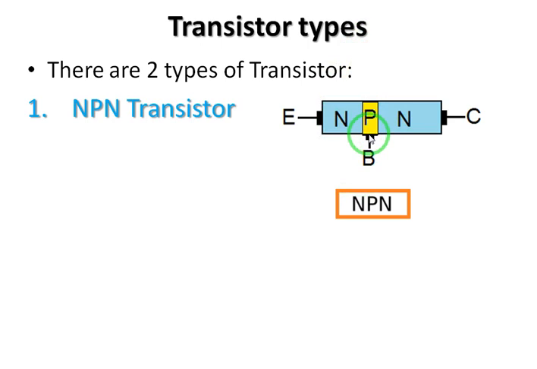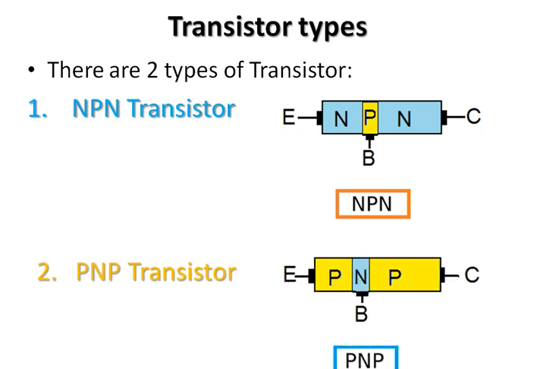That transistor is known as an NPN transistor. The second type is the PNP transistor. As you can see here, when two P-type semiconductors are separated by a thin layer of N-type semiconductor, that is known as a PNP transistor.